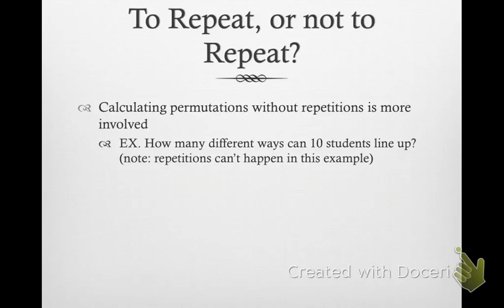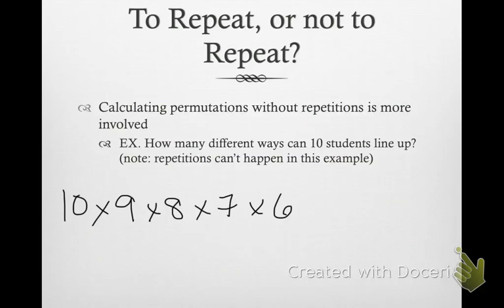Students can't be repeated once we put them somewhere. So we have 10 students, 10 options for the first position, 9, then times 8, then times 7, then times 6, because each time we've already taken a student out of the lineup, so you can't repeat them.